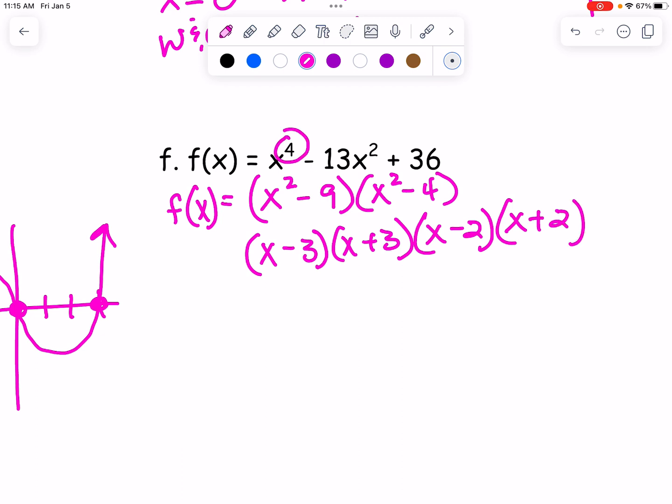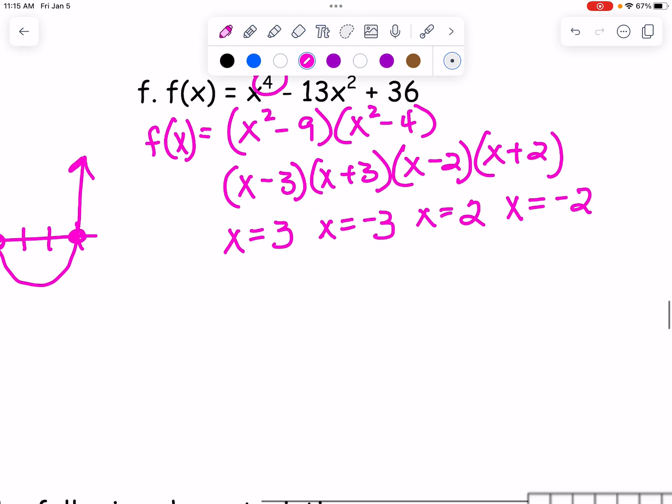You can look at your highest exponent. That can tell you the possible max number of roots. And so for this one, we have 4. Those are our x-intercepts, and they all are at degree 1, so they're all going to cross.